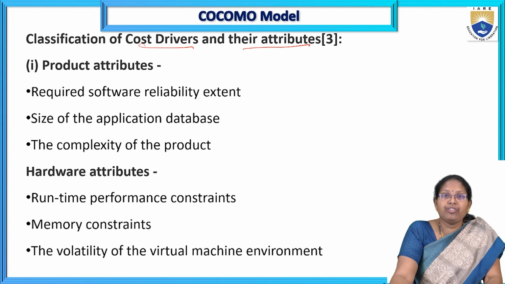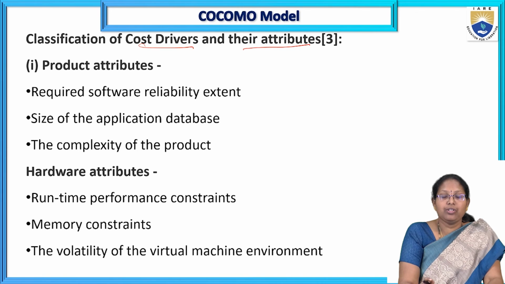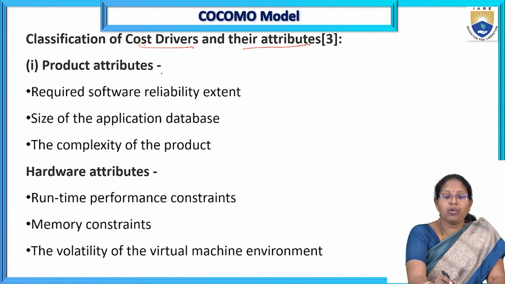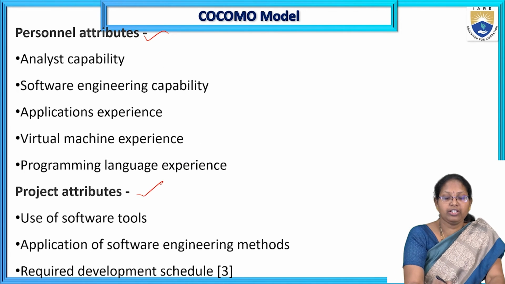So what kind of attributes may be taken into consideration to calculate the software cost estimation by using that intermediate model? Product attributes, hardware attributes, personnel attributes, and project attributes.